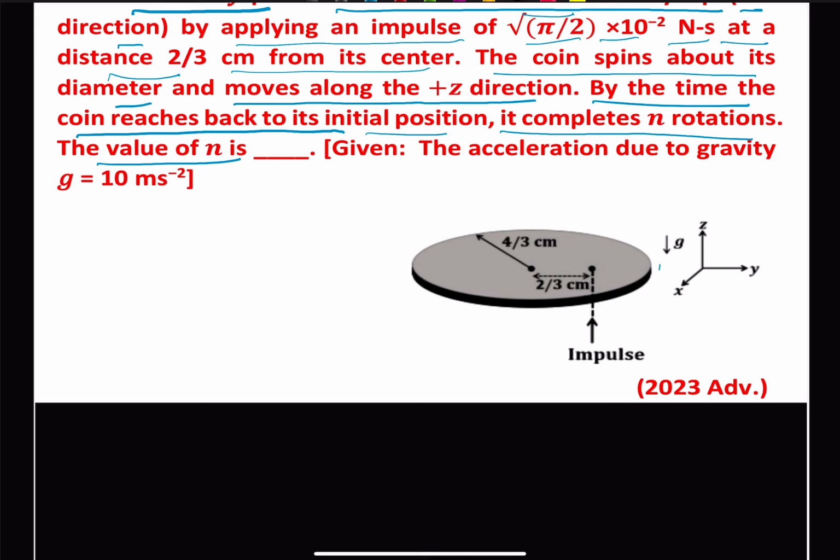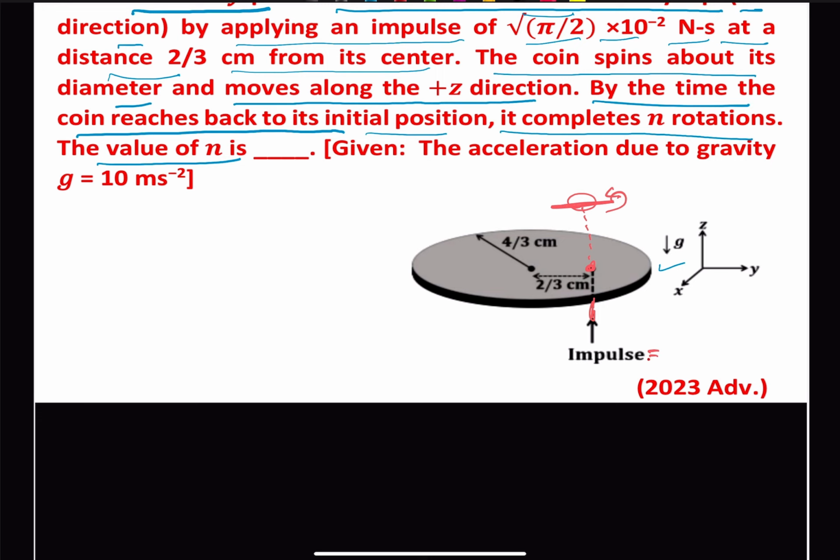So we have a disc and this is the position of the coin. Impulse is applied to it and it moves up and it rotates about its diameter, like a coin toss. So we have to find out the number of rotations it is going to make. So this is the impulse.